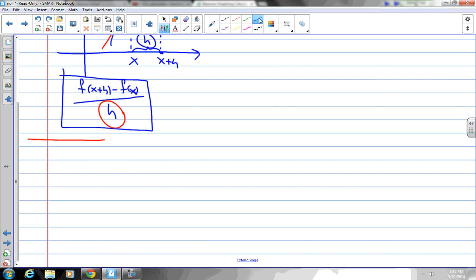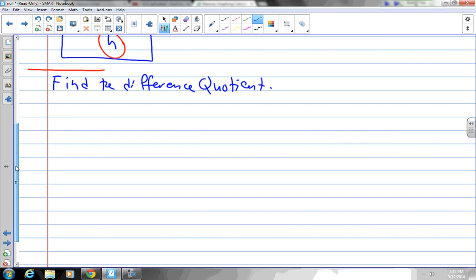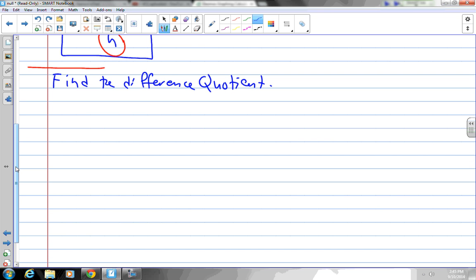So here's a simple example, just to find difference quotients. Let's say f of x equals negative 2x plus 1. So that's a function. I want to find the difference quotient of that function.